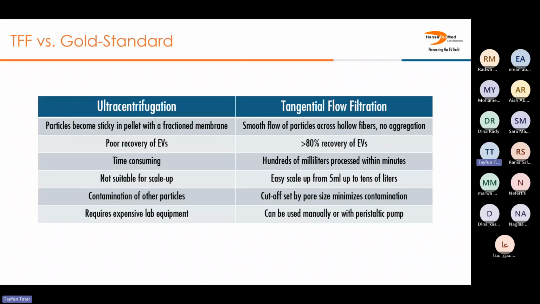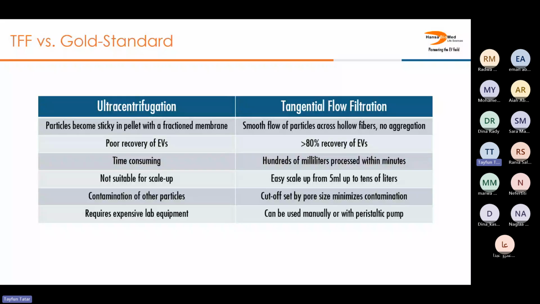In ultracentrifugation, the recovery of EVs is limited to around 40 to 50%, whereas in tangential flow filtration, more than 80% recovery is possible. Ultracentrifugation is a time-consuming method requiring hours to process only a couple of tens or maybe hundreds of milliliters, whereas in tangential flow filtration, hundreds of milliliters can be processed in minutes or tens of minutes.